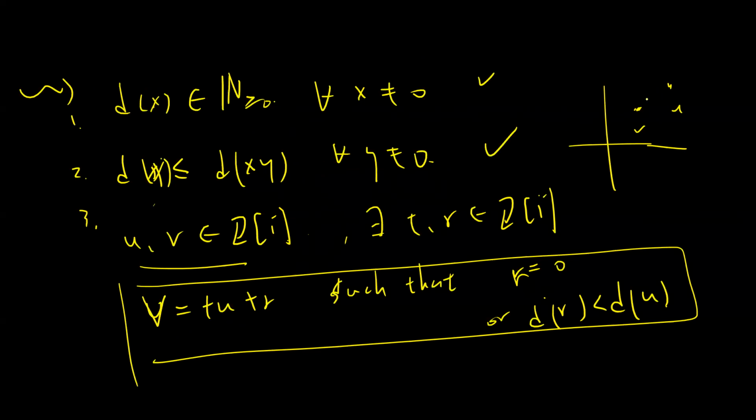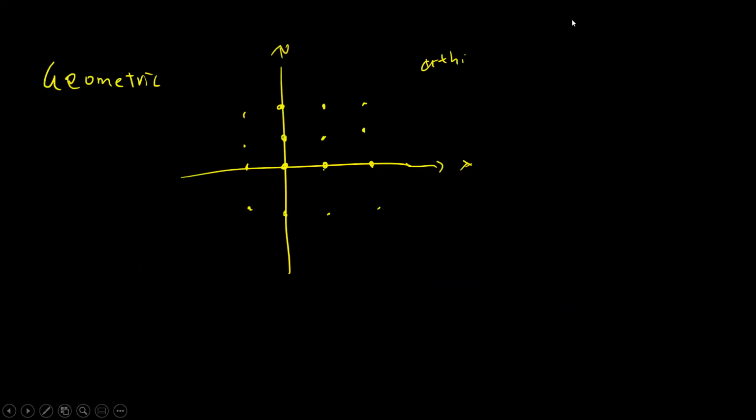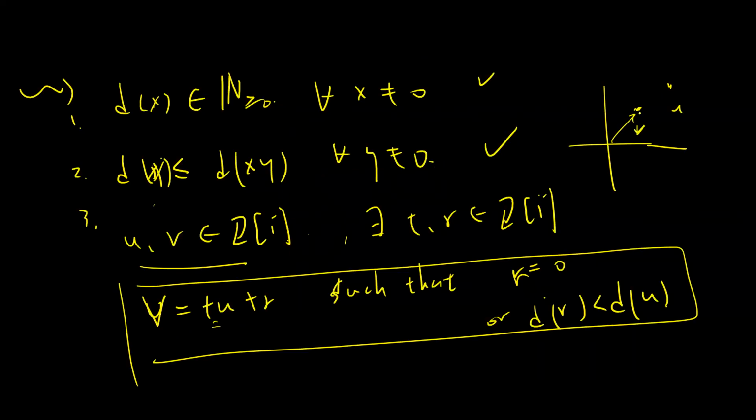I think what it means is that this is v, right? You want to find some Gaussian integer t such that when you multiply it by u, it becomes another Gaussian integer, and you want to make sure it is very close to v, such that their difference is small.